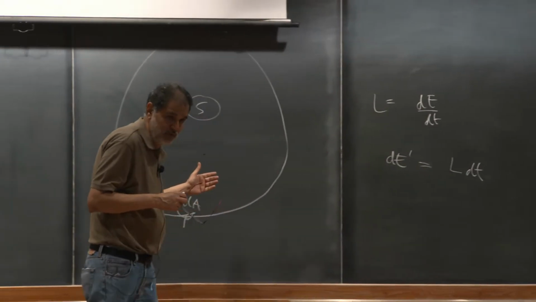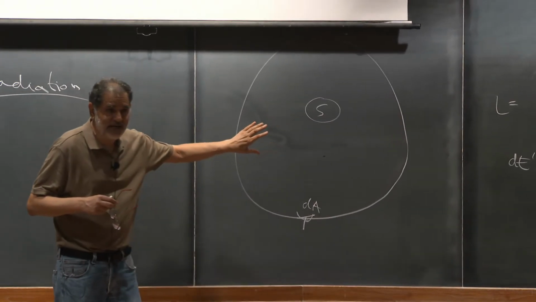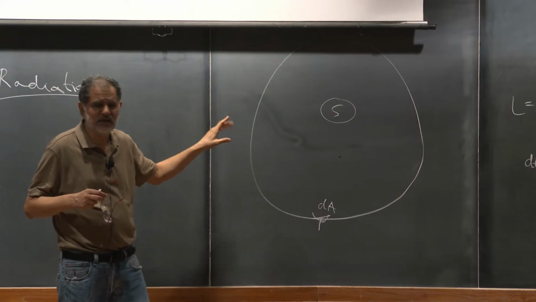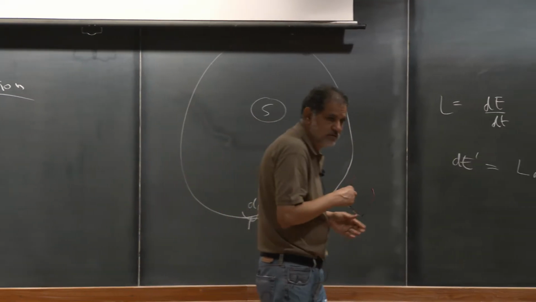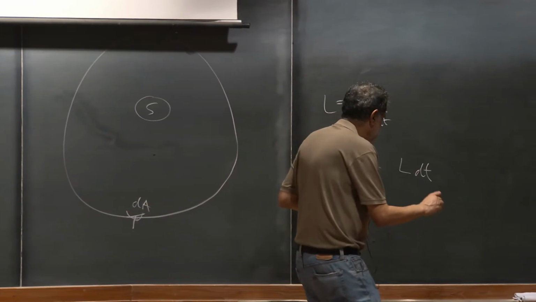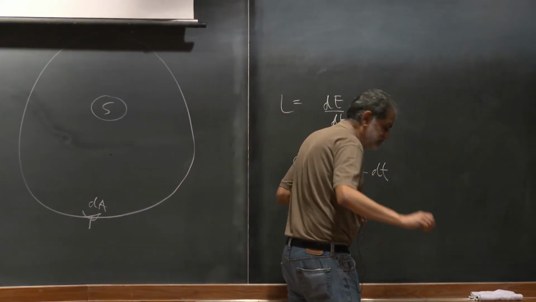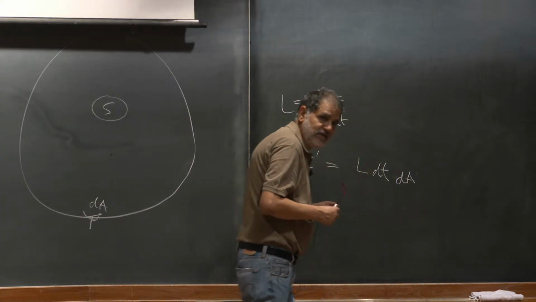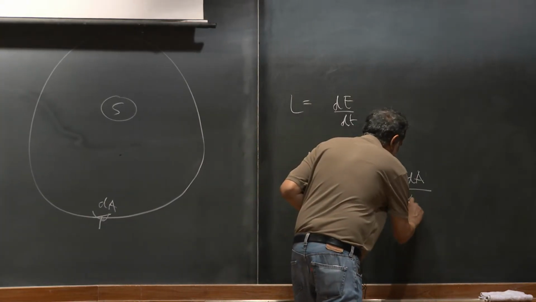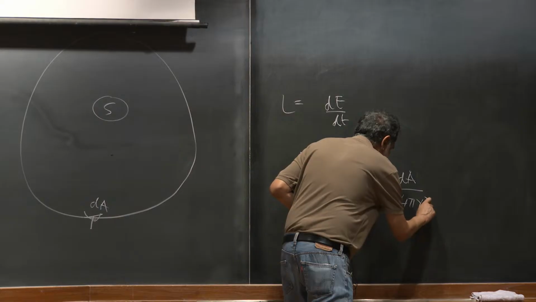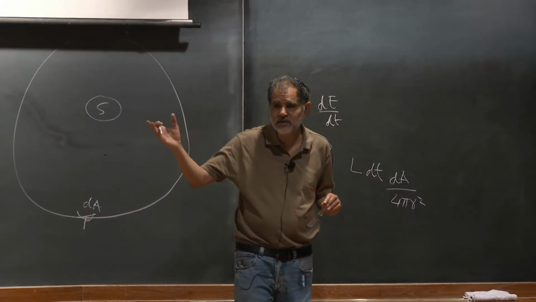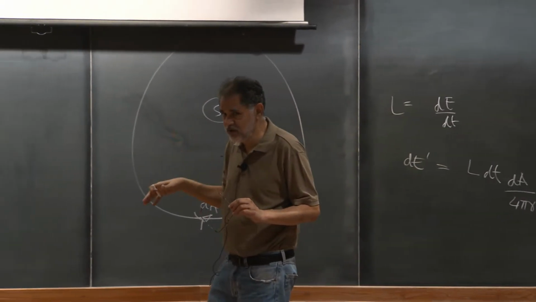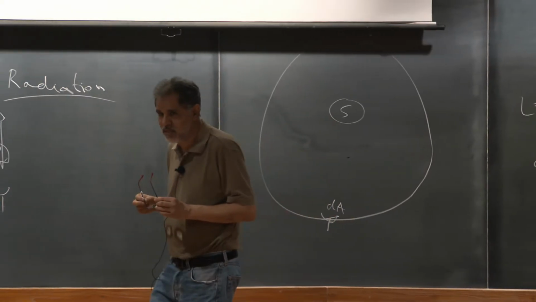Is it? No. This much light is spread over a sphere. All right. So how much is intercepted by the telescope? Louder. dA, it should be proportional to dA, right? Which is the area of the telescope divided by the area of the sphere. Everybody happy with this? Simple. This is the amount of energy that is intercepted by the telescope.